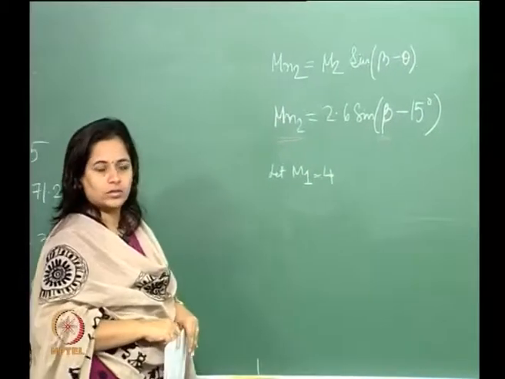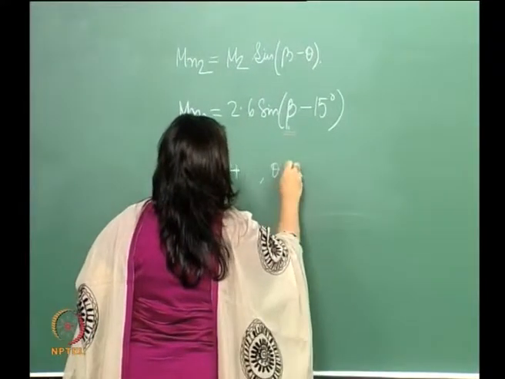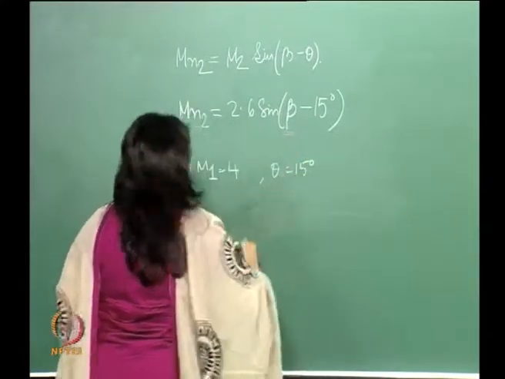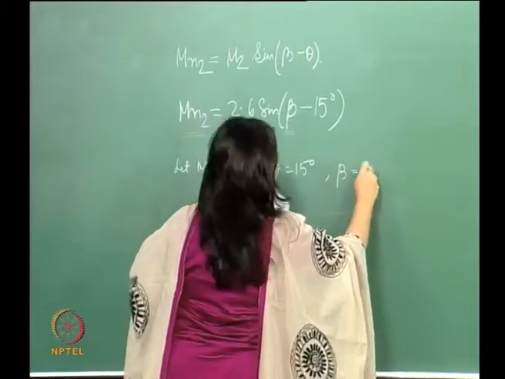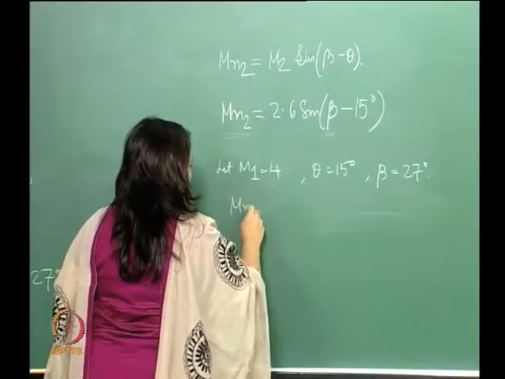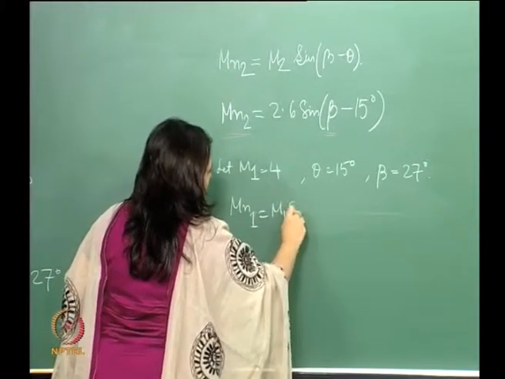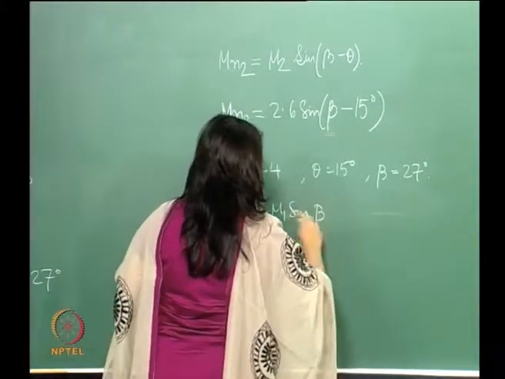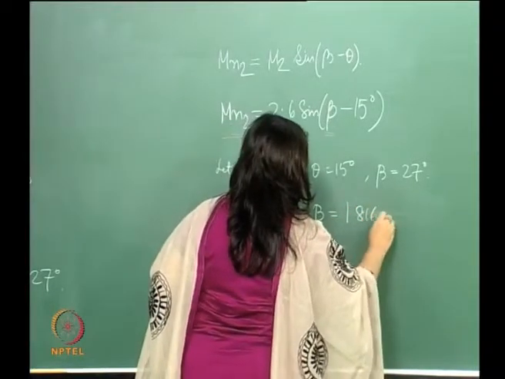So, let M1 be 4. If M1 is 4, then theta is 15 degrees, and we get a corresponding beta to be 27 degrees. Then we can calculate Mn1, which is M1 sine beta, and we get that as 1.816.